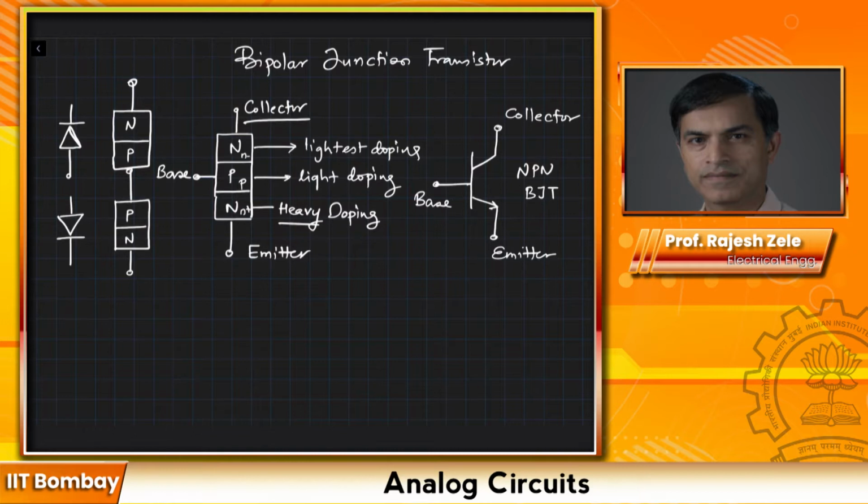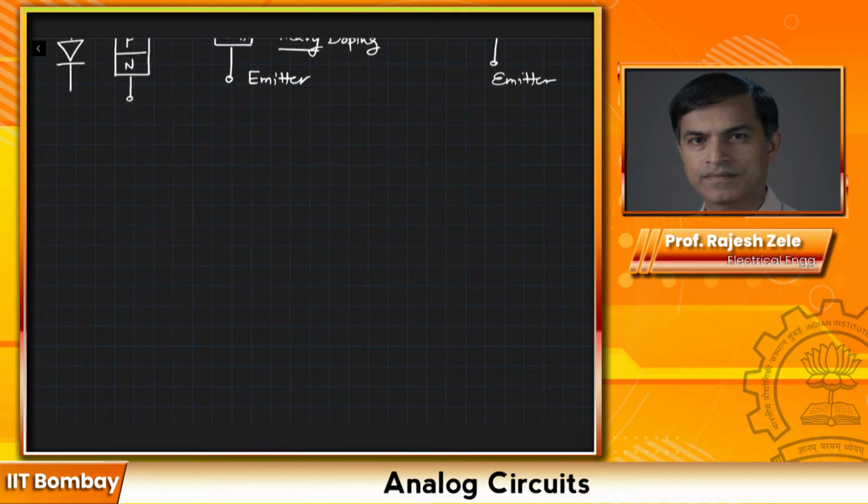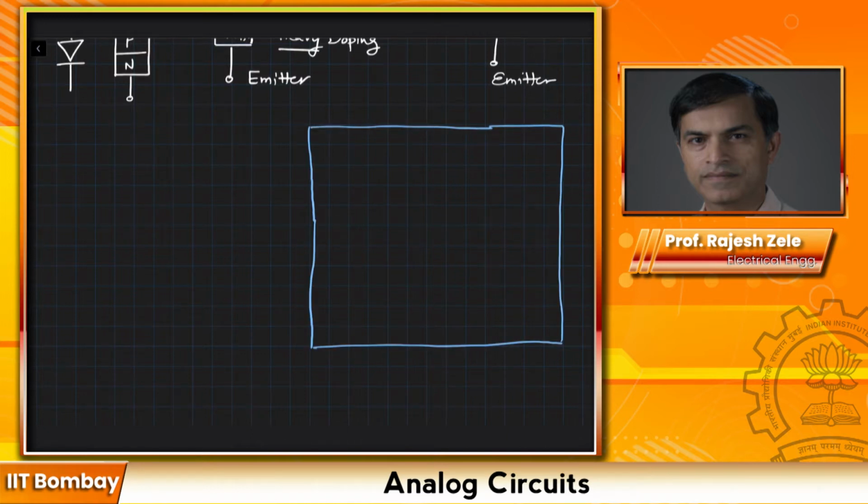Let's look at how this BJT transistor is actually manufactured, and that will give us a lot of insights about its operation. So, the top view of the bipolar junction transistor. We will start with the collector region, which is in blue. The collector region has N minus, the lightest doping.